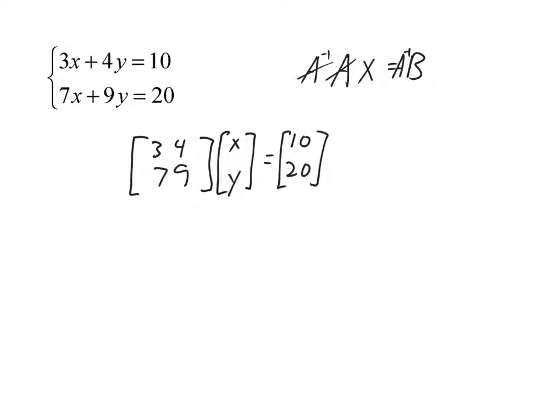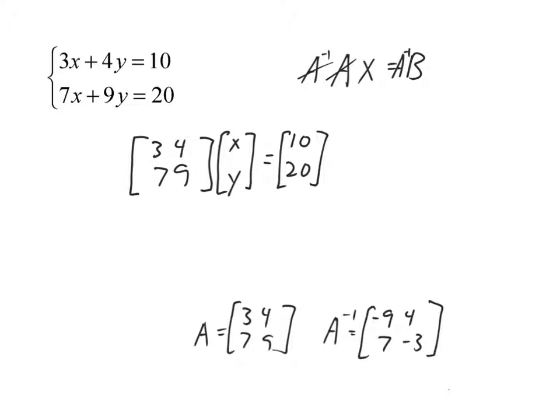So I just need to know the inverse of this matrix. Well, my last video gave the matrix. So if A is 3, 4, 7, 9, its inverse is going to be negative 9, 4, 7, negative 3.